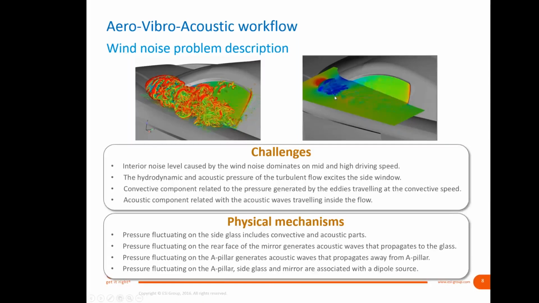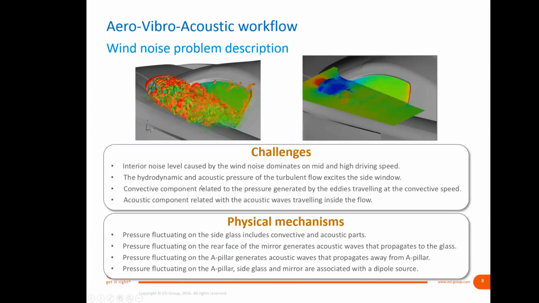So there are some turbulences that can be shown here from the results of the CFD computation, and we can see a contour plot here on this plane of the pressure fluctuation, and also the pressure fluctuation on the side window that is supposed to be rigid here. So this is the load that is of interest to compute the wind noise contribution inside the car.